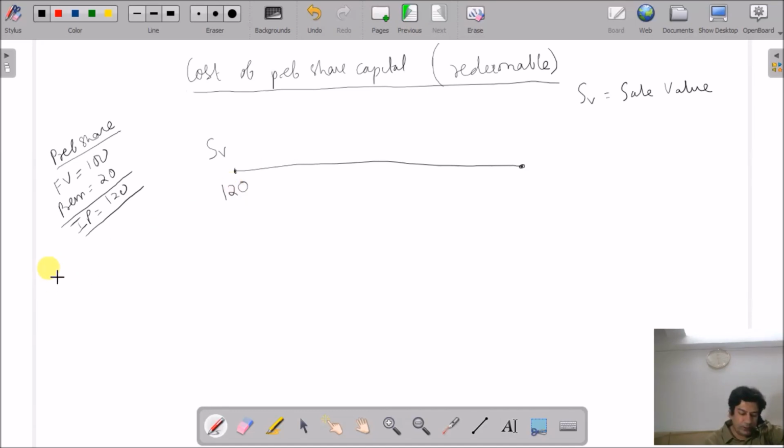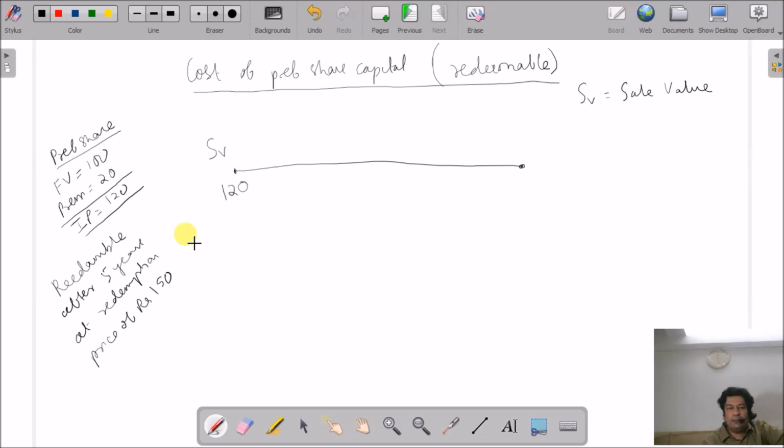Now these preference shares are redeemable after 5 years, at redemption price of rupees 150.